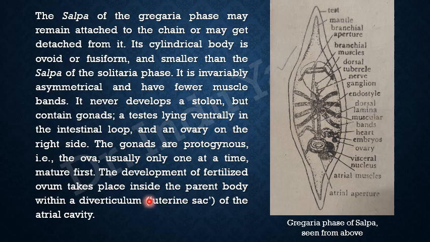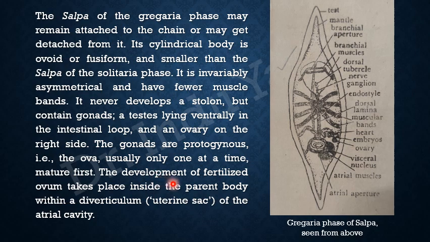When I was doing the diagram, the sagittal section from the left side, if you remember, there were two cavities overlapping in the center, the branchial and the atrial cavity, and the testis was lying near the stomach in the intestinal loop, but the ovary was present in the diverticulum in the atrial sac.